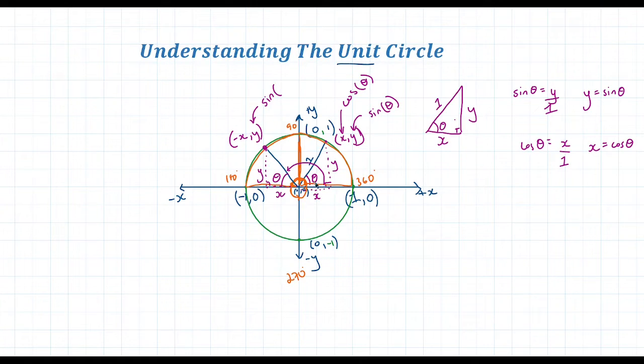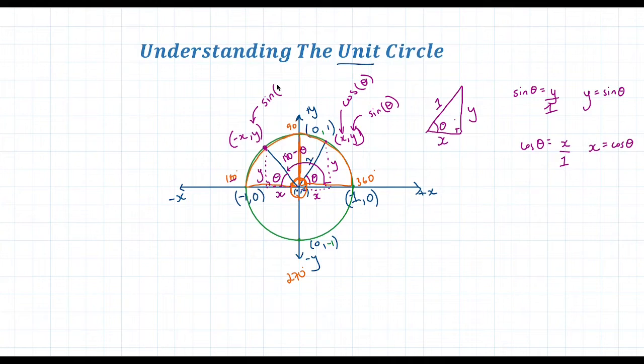Well, the angle between the positive x-axis and the line will be 180 minus theta, because this line here is at an angle of 180 degrees and this angle here is theta, so this angle will be just 180 degrees minus theta.